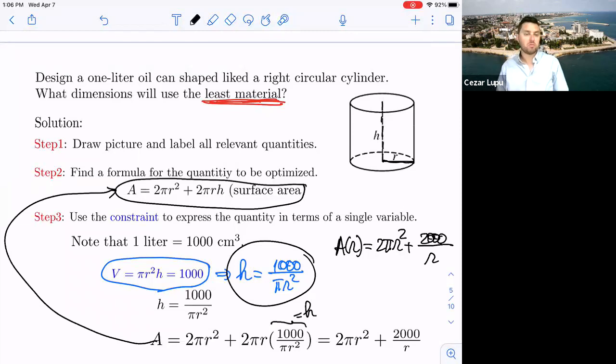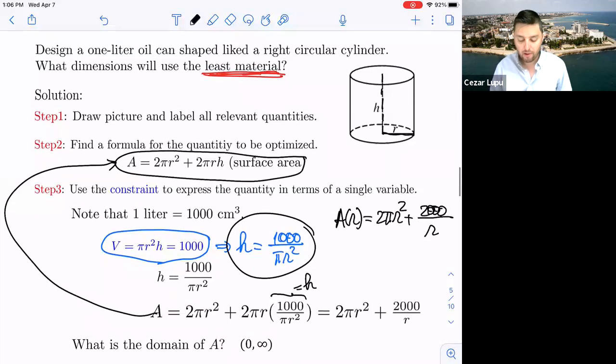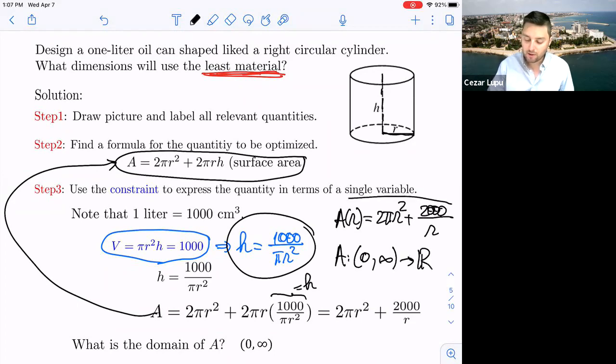Well, you don't see any problems, right? So maybe this function will be defined on zero to positive infinity. So A will be defined on the entire positive real line. So that's my function, and I need to take good care of it.